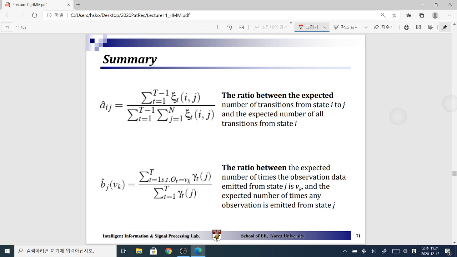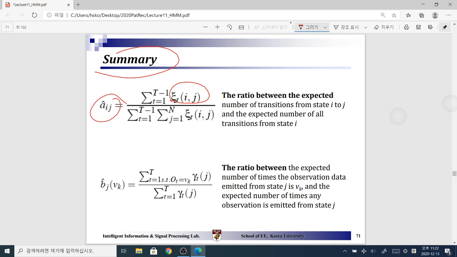Okay, so in summary, a sub ij would be the ratio between the expected number of transitions from state i to j and the expected number of all transitions from state i.